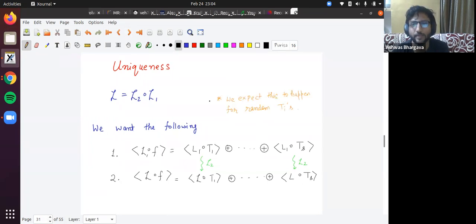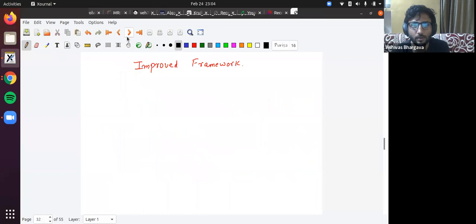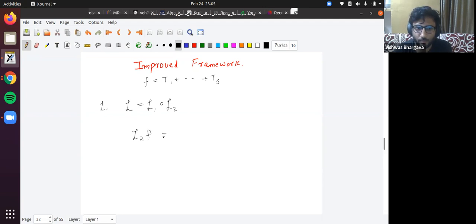And this we expect to happen for random tensors. So now let me tell the improved framework. Here what we want, again, is: your f is some T1 through TS. We want to decompose again. The key being we want our operators to be like this, a combination of two operators, and then you try to decompose such that the following happens.